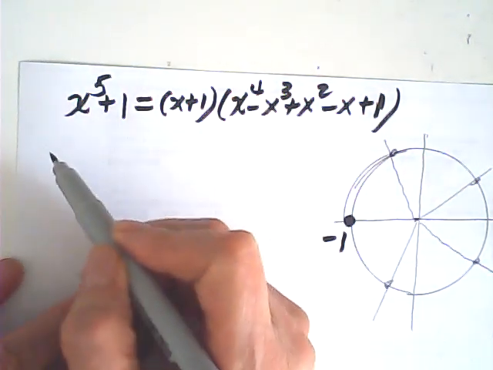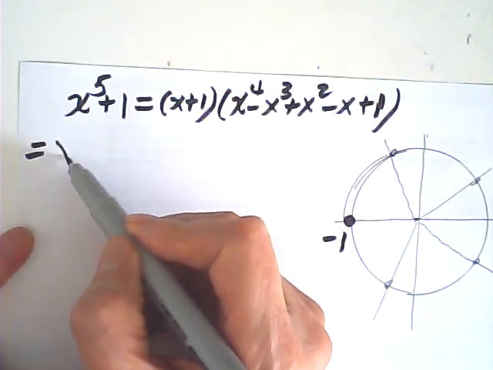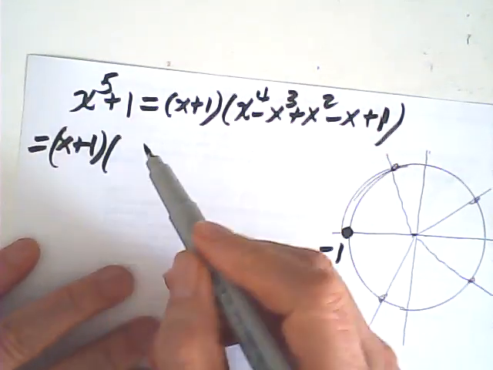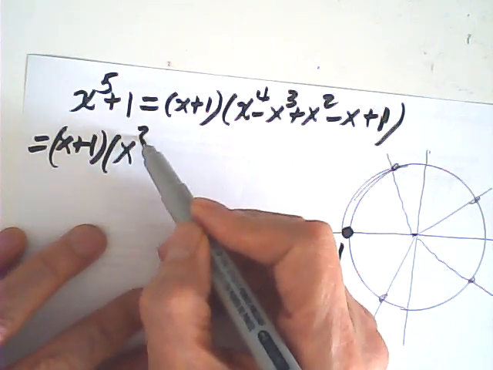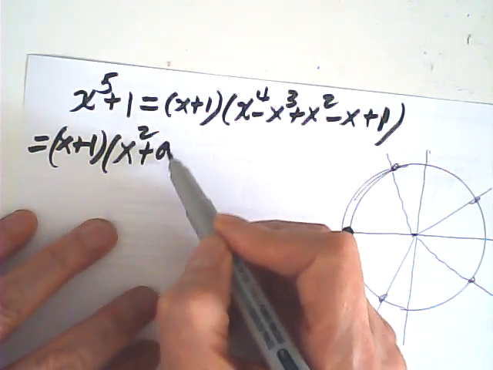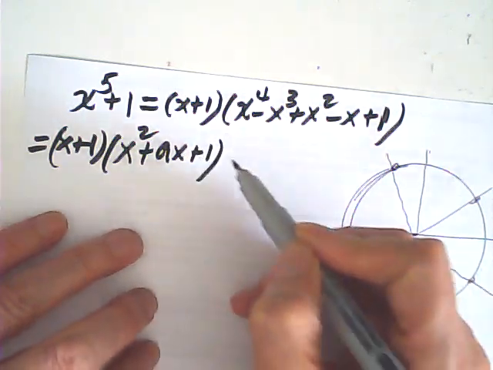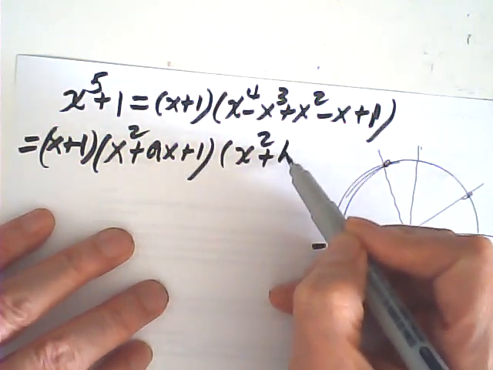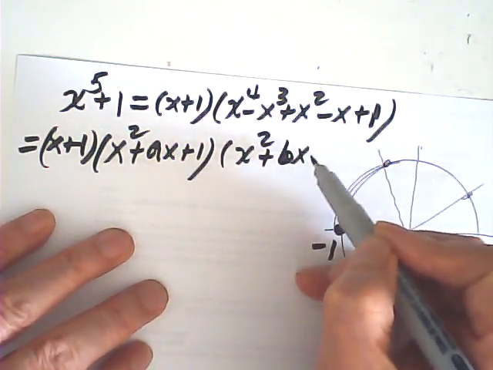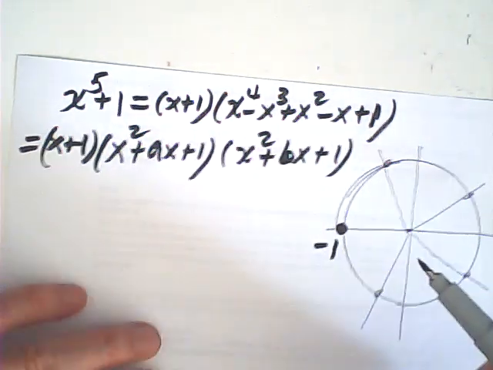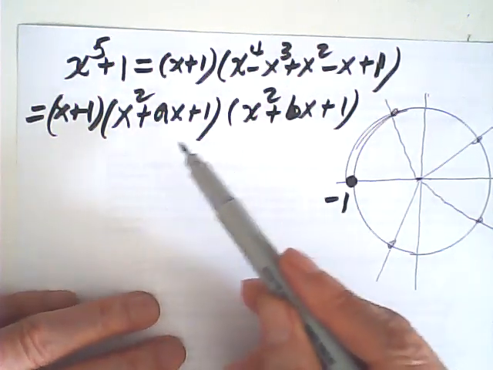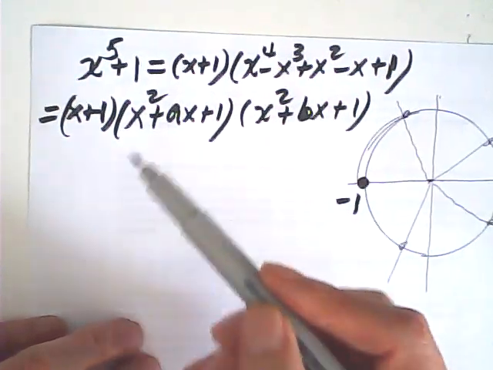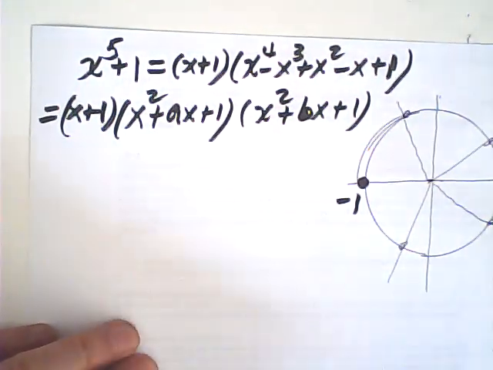I'm using the first method. This must be equal to x squared plus ax plus 1 times x squared plus bx plus 1, because the complex roots come from irreducible quadratic factors, while the real roots come from the linear factors.